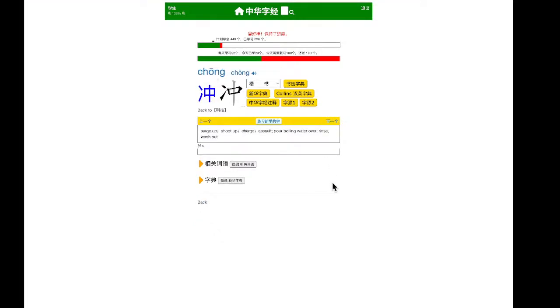冲 is surge up or shoot up, and use water to wash out something. Okay. And also refers to using hot water, like boiling water, to make some kind of drink, like 冲一杯茶. Okay, so use boiling water to pour into the tea cup with tea leaves in it.